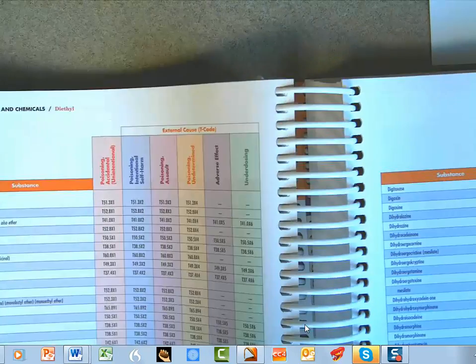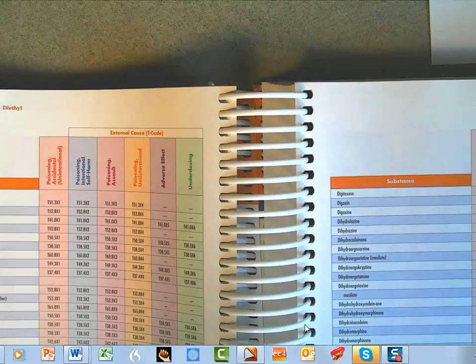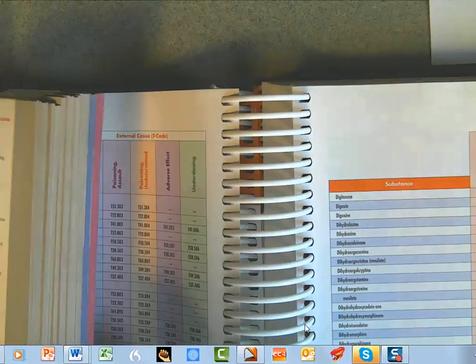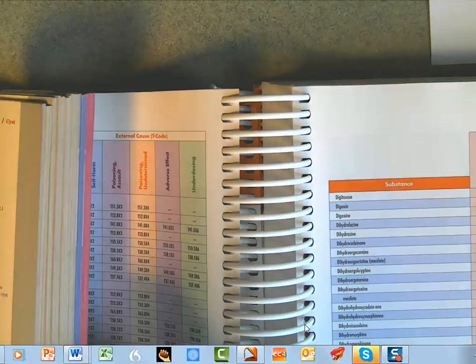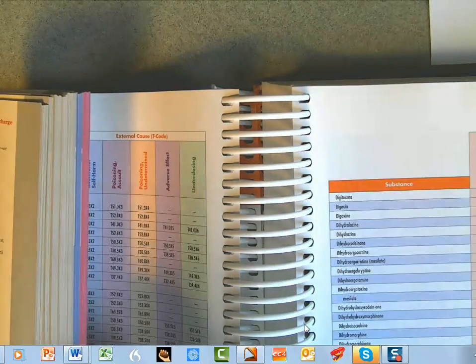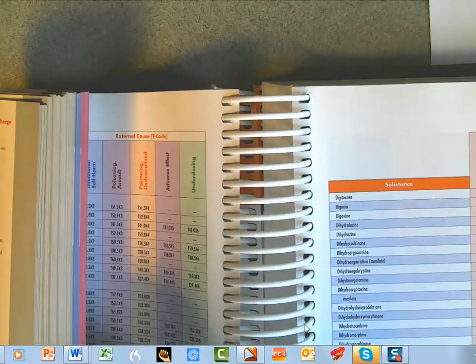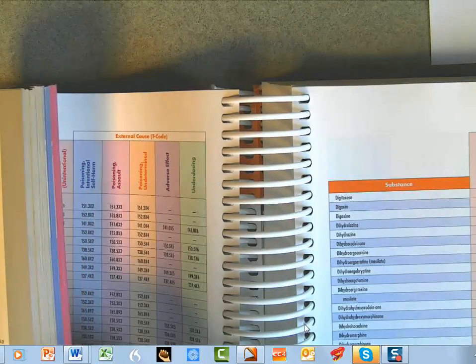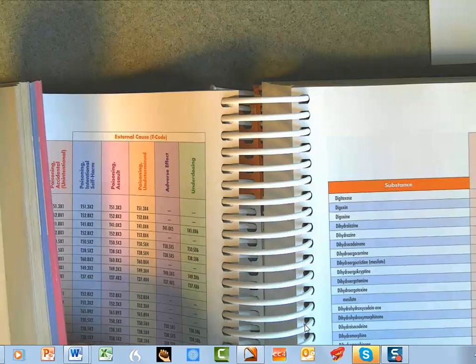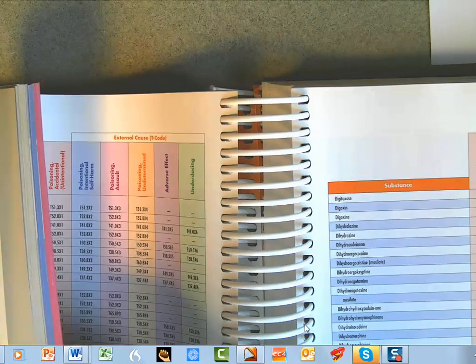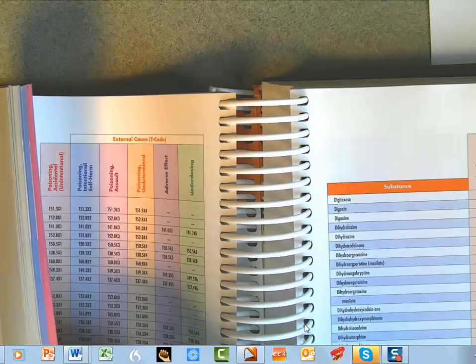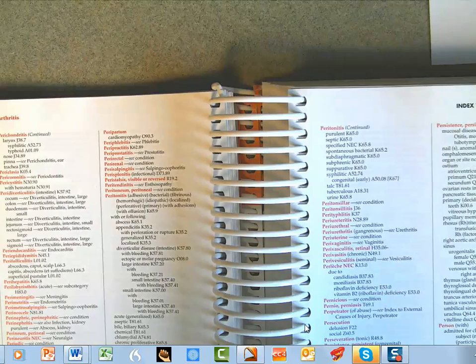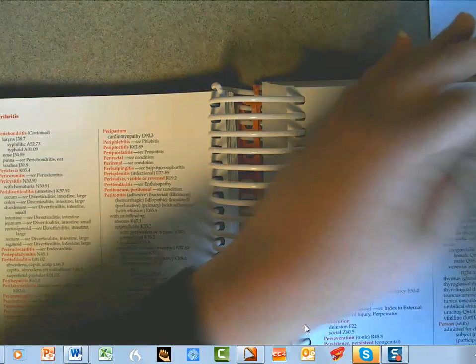Now this is going to get a little wonky, so if you have a tendency to get seasick, don't watch me while I do this because it does sometimes make people a little motion sick. All right, so I want you to go to the main term here, prophylactic, in your index. Okay, so let's go to prophylactic.